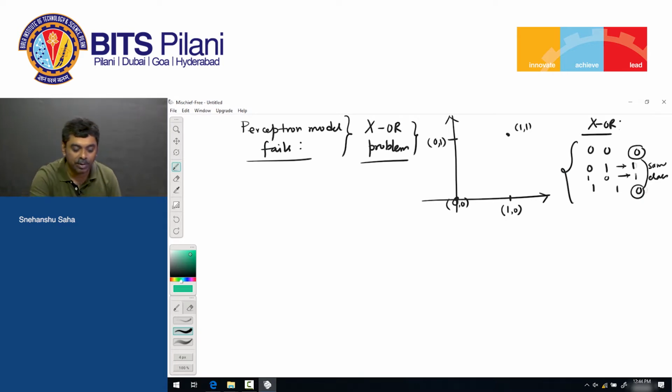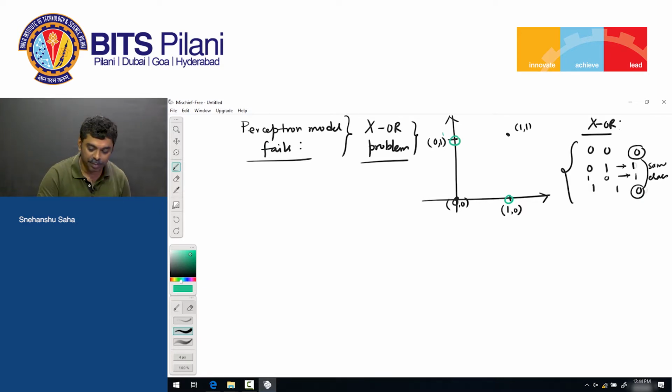Tell me, how are you going to draw an axis? Basically, how are you going to draw a line which will separate, geometrically speaking, these 2 points into one class and these 2 points into the other class? So that's where the perceptron model failed.